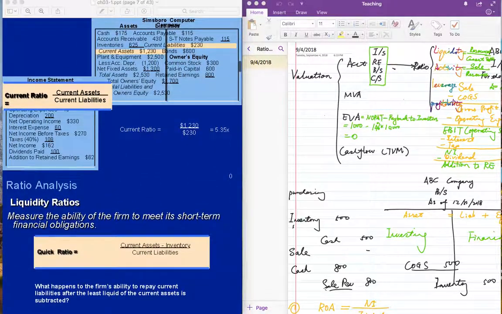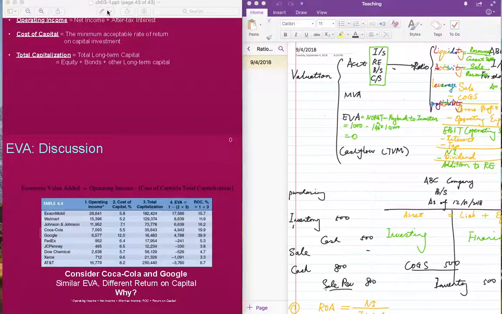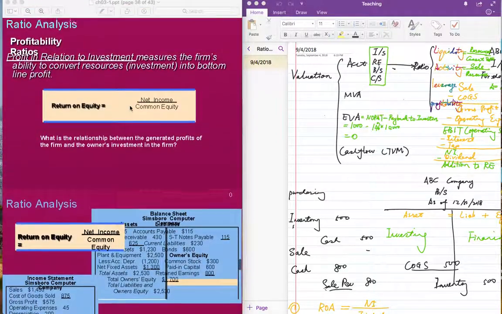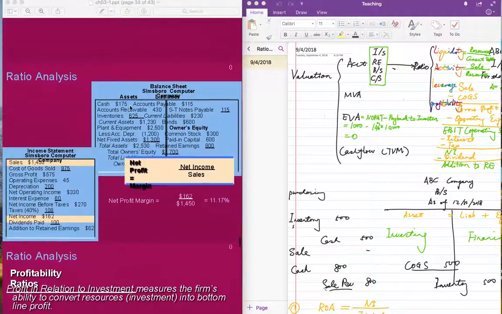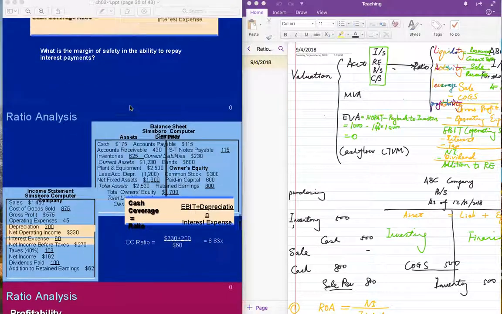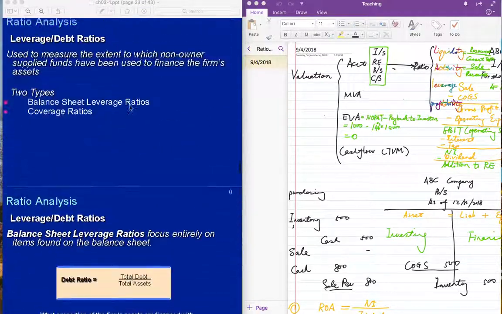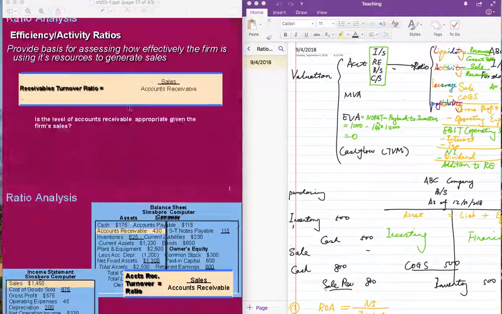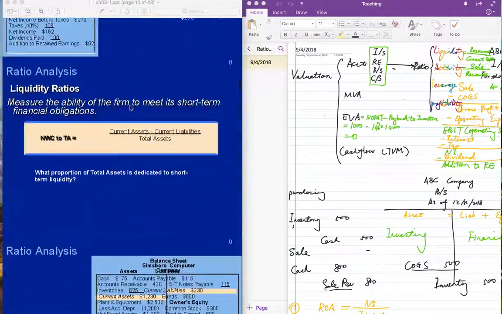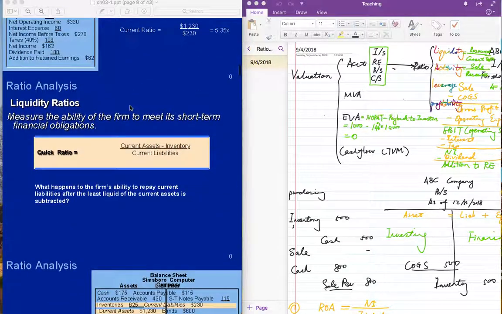Okay, now look at another liquidity ratio. Another commonly used liquidity ratio is called the quick ratio.